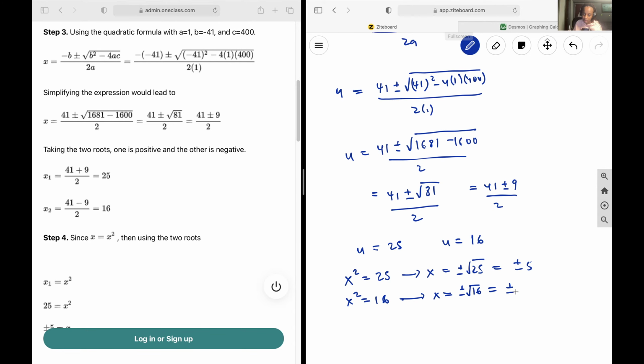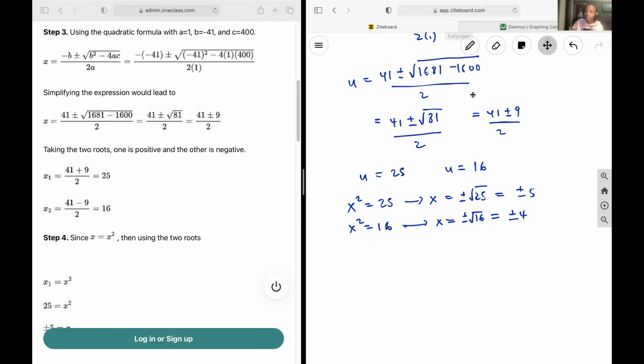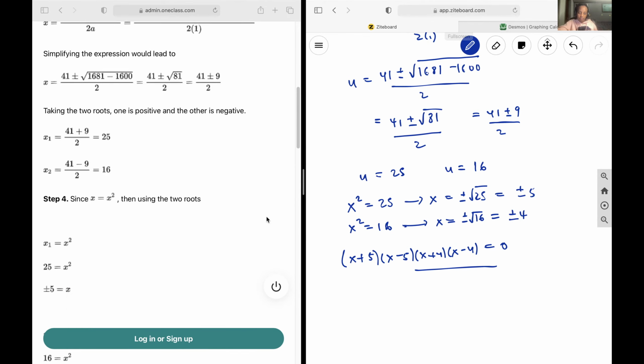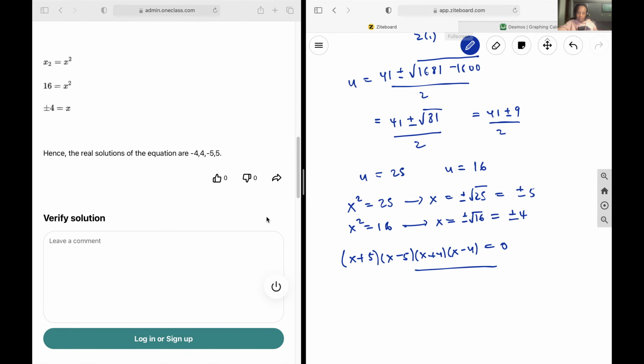And that is going to give us positive or negative 4. So if you want to write it all down in factored form, we get x plus 5, x minus 5, x plus 4, x minus 4 is equal to 0. And so, yeah, the solutions are right here.